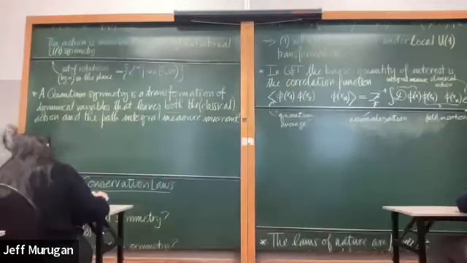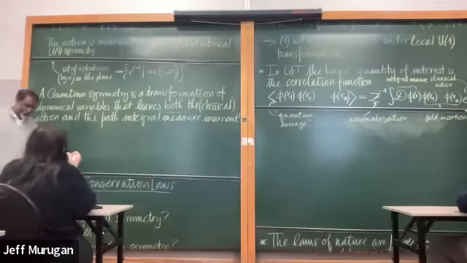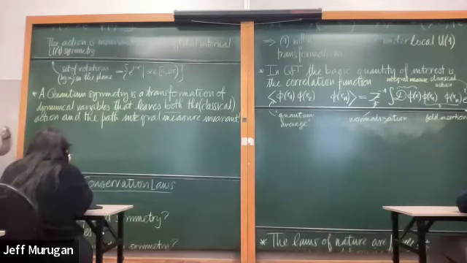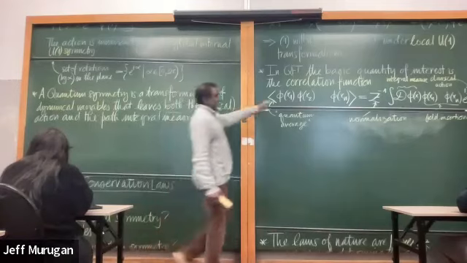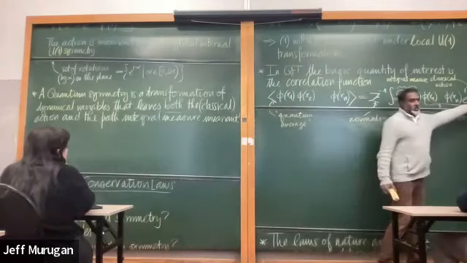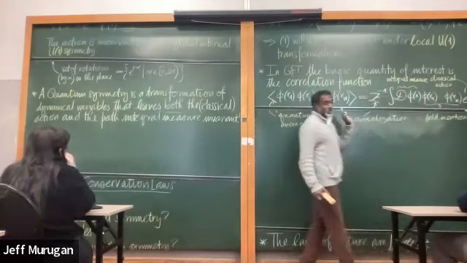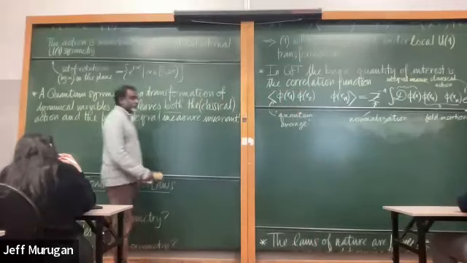Okay? Any classical symmetry that is broken at the quantum level is called an anomaly. So now we understand what an anomaly is. If I have a symmetry in which the classical action is invariant, but not the path integral measure, then I have an anomaly.